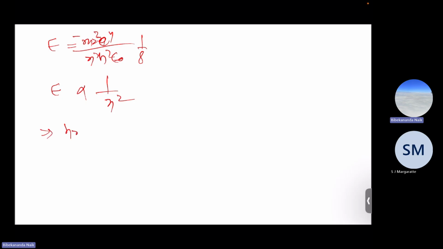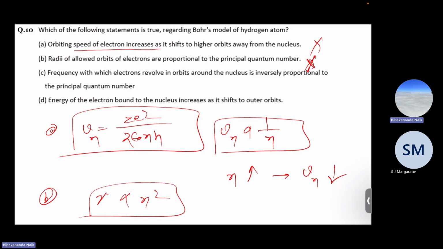Now E is h nu, so h nu is proportional to 1 by n square, so nu also is proportional to 1 by n square. But here it says it is inversely proportional to the principal quantum number. It is inversely proportional to the square of the principal quantum number. So again this is not correct.